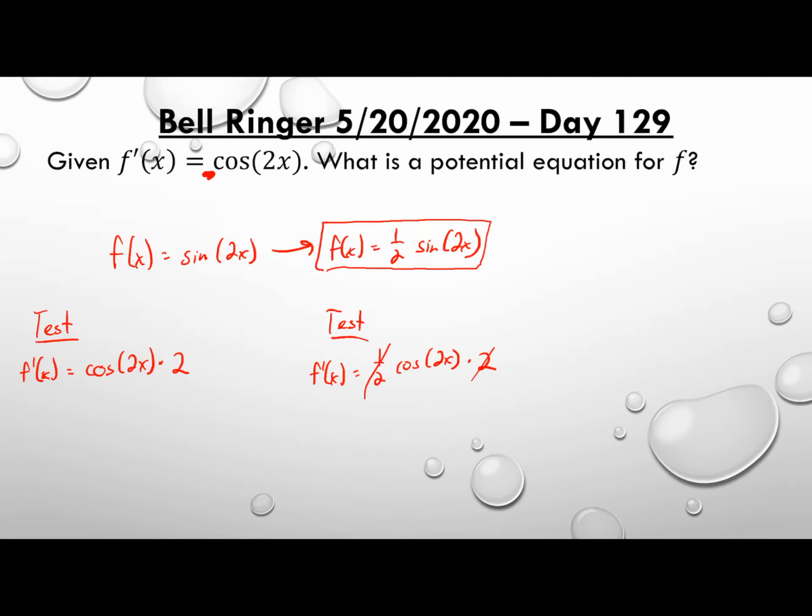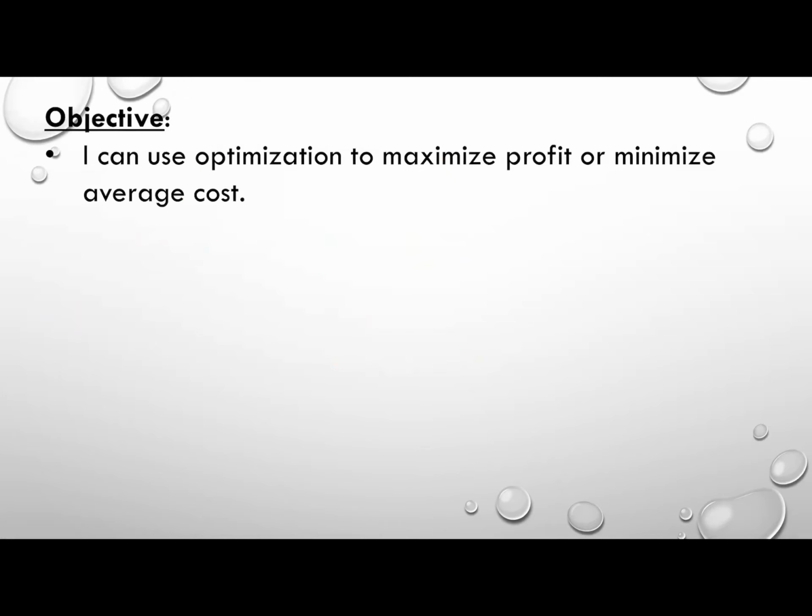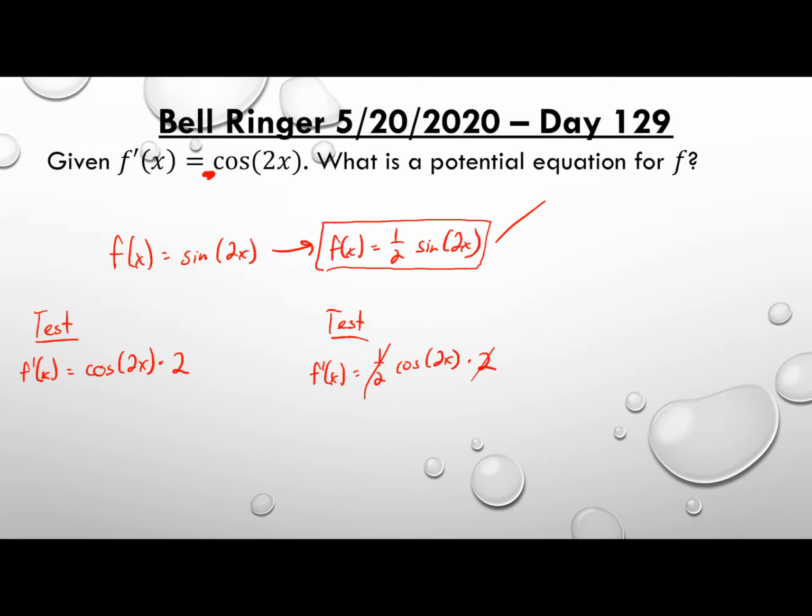Now, this is actually not the only correct answer. There are other correct answers that would give us this derivative function. For example, we could have also had 1/2 sine of 2x plus 3. We could have also had 1/2 sine of 2x minus 5, and so on and so forth.